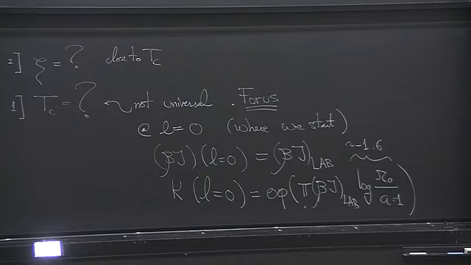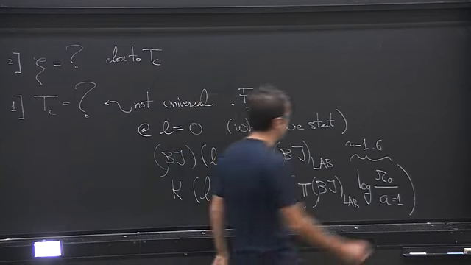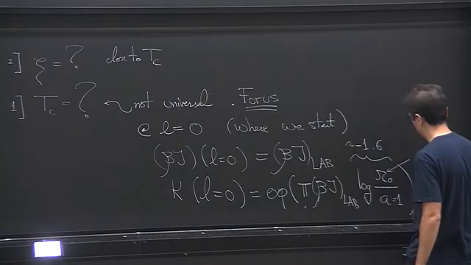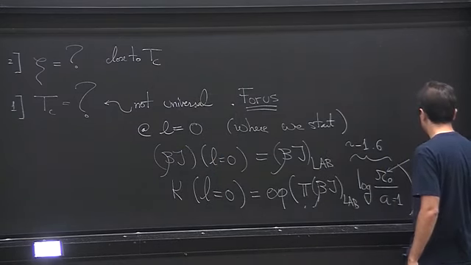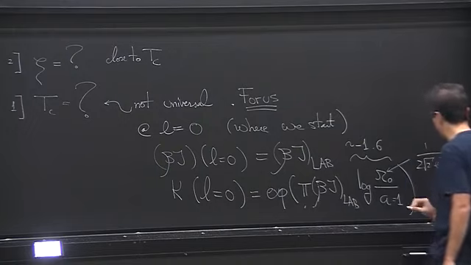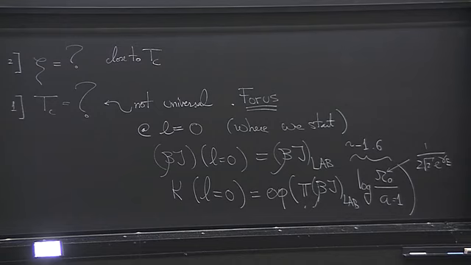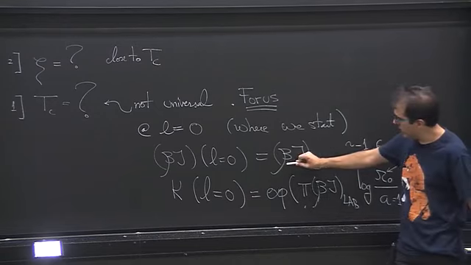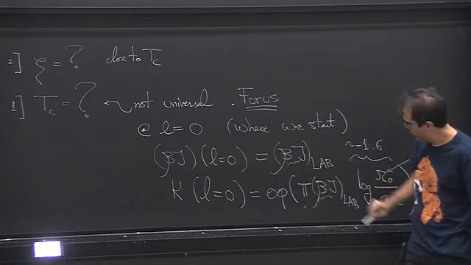This R0 was 1 over 2 square root of 2 e to the Euler gamma. So this log is minus 1.6. But what's important is that you start with some beta J for your microscopic model in the lab.